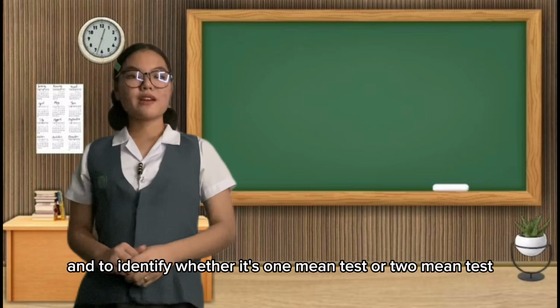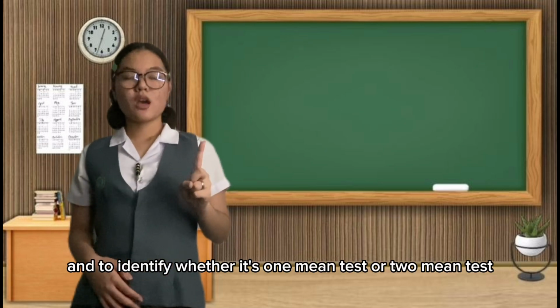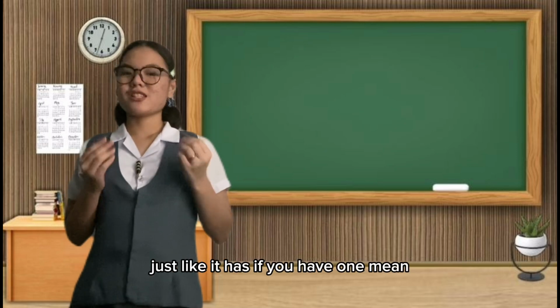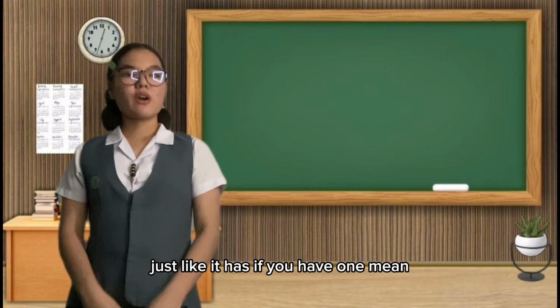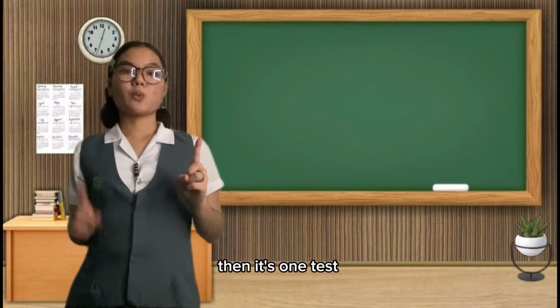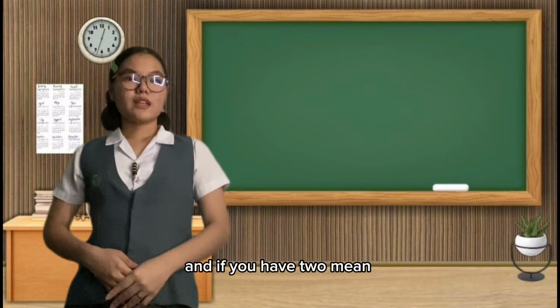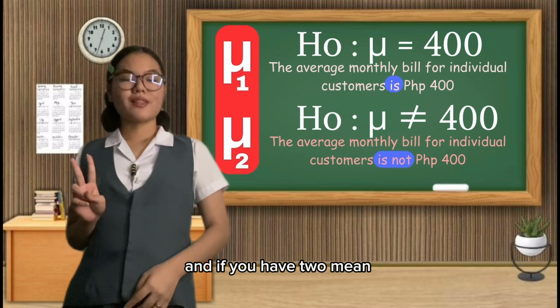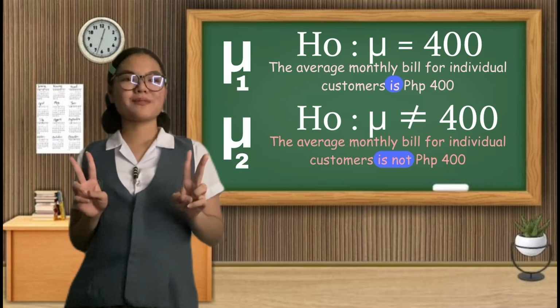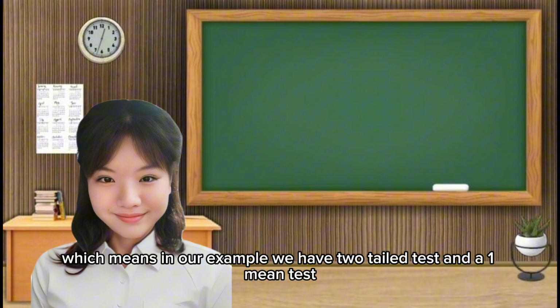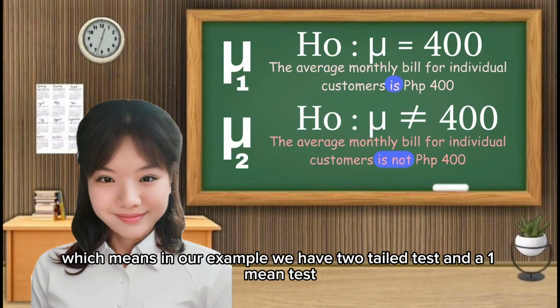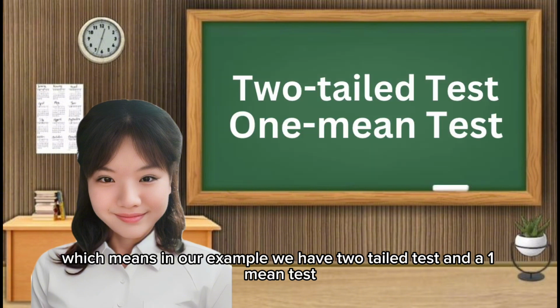And to identify whether it's a one mean test or two mean tests, just like it said, if you have one mean, then it's a one mean test. And if you have two means, then it's a two mean test. Which means, in our example, we have a two-tailed test and a one mean test.